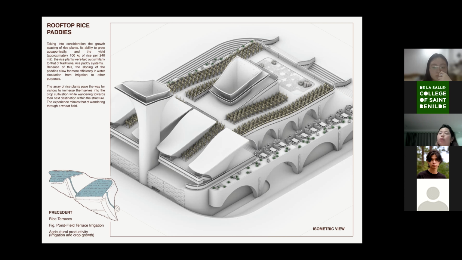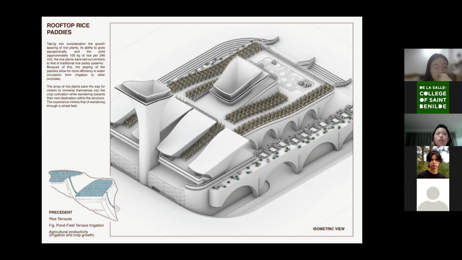So to allow the general flow of the water to stay passive within the system, we decided to create a sloping structure to help along the irrigation throughout the entire structure and for the rice.